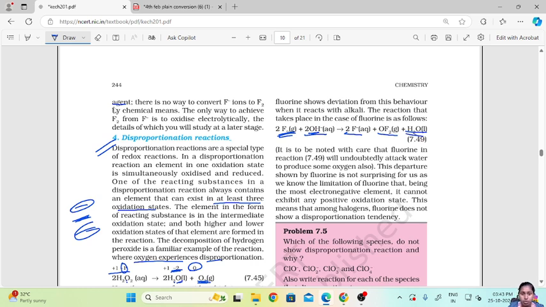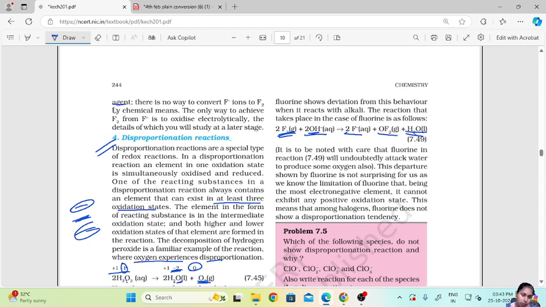Now this departure shown by fluorine is not surprising for us, as we know the limitations of fluorine: being the most electronegative element, it cannot exhibit any positive oxidation state. If it doesn't form a water molecule, it will have to face a positive charge on it.